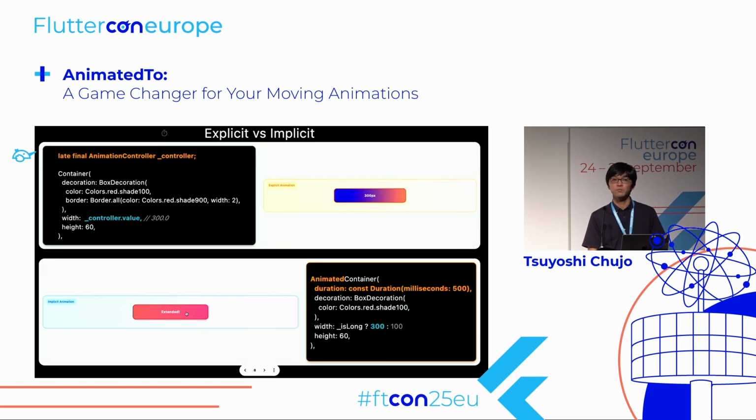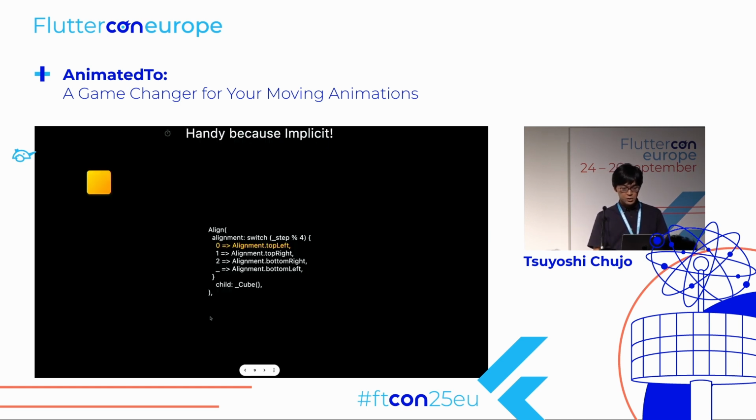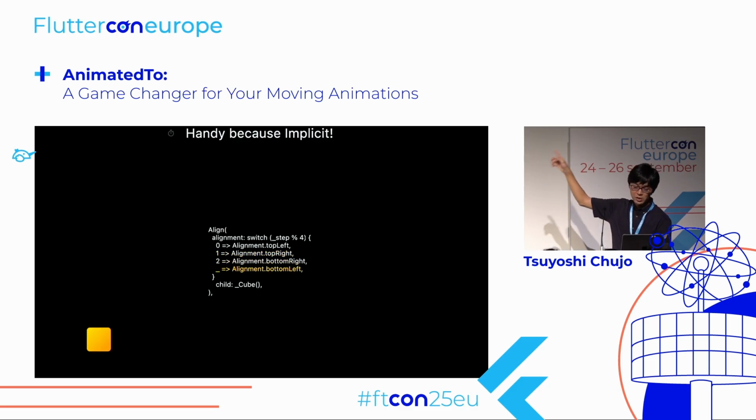Actually we have a lot of implicit animation widgets like AnimatedContainer, AnimatedPositioned, AnimatedTransform or something, AnimatedOpacity, AnimatedDefaultTextStyle, and so on. But AnimatedTo is one of them. It provides the implicit way of animation. Now the yellow cube is moving, right? From the left top corner to the right top corner and so on.